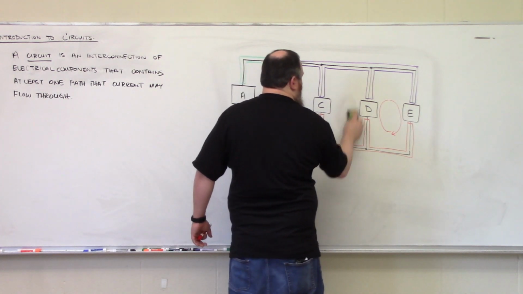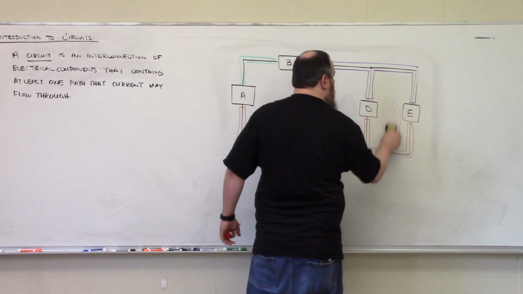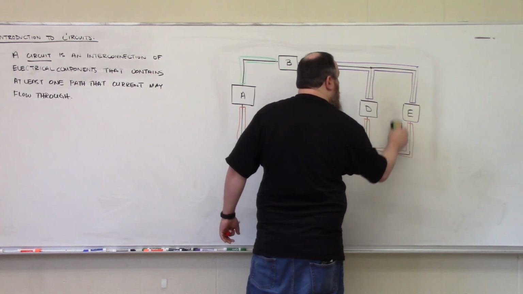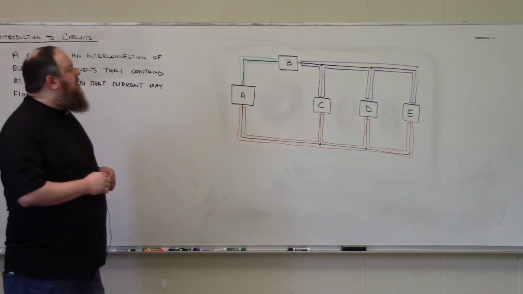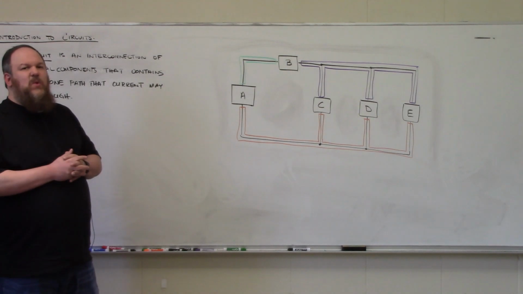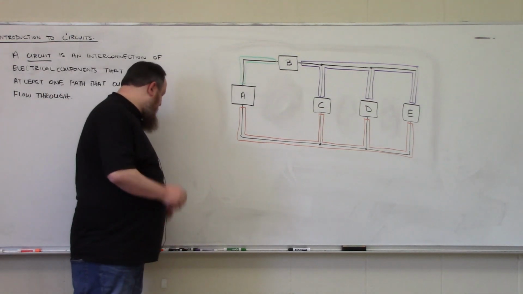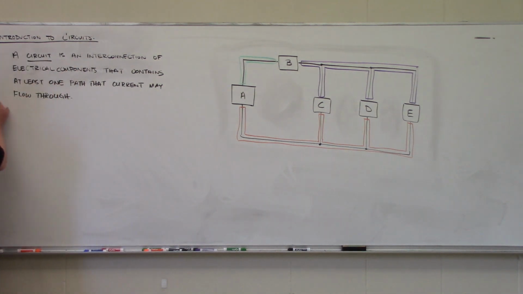So let's circle back around to the concept of nodes. In my opinion, nodes are a very, very important characteristic of circuits because they help us to identify the types of connections that we see between our electrical components.